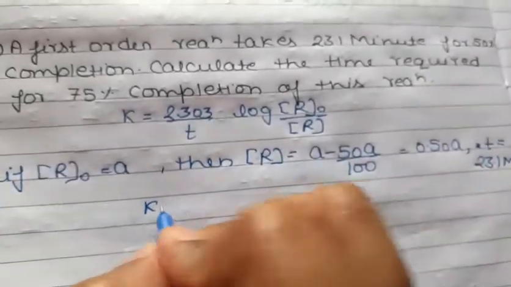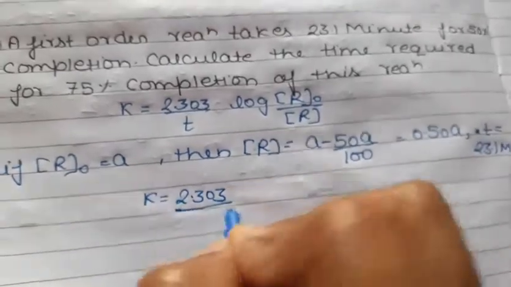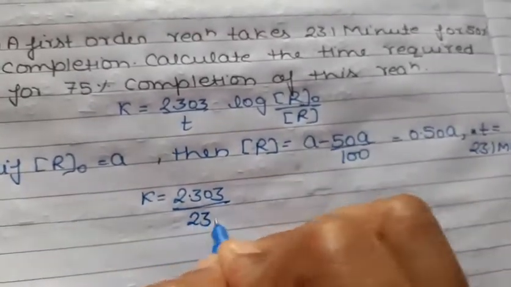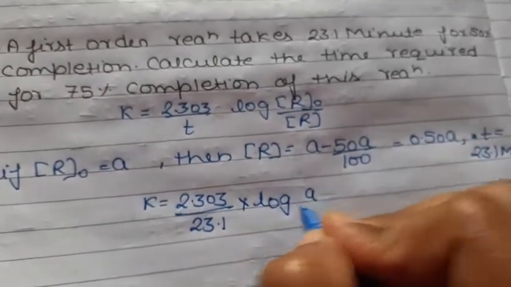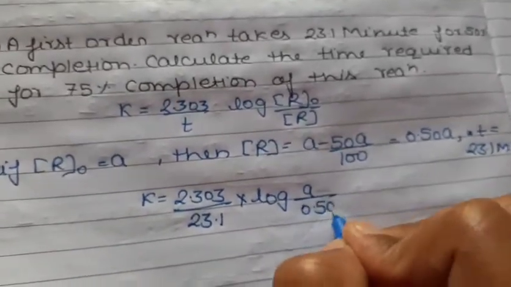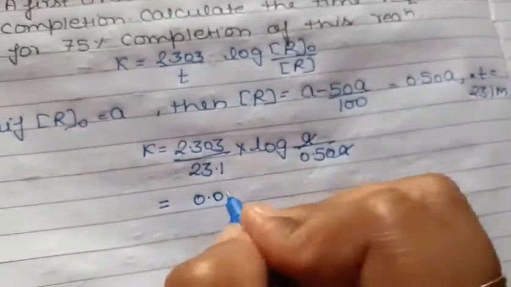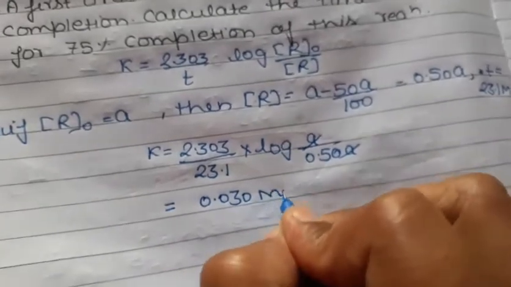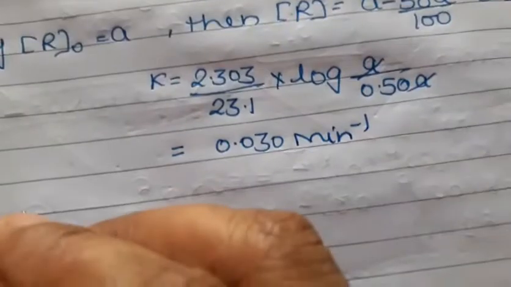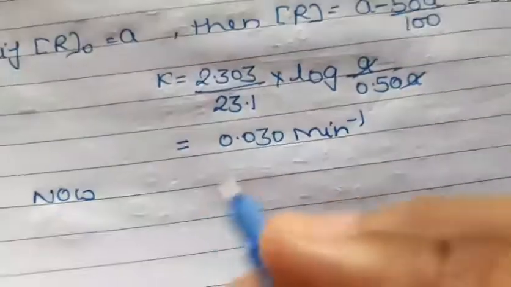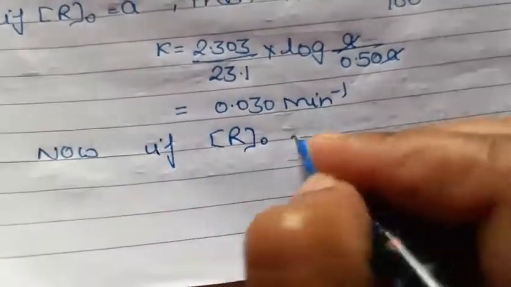So find k: 2.303 upon 23.1 into log a upon 0.50a. From here we get 0.030 minute inverse.